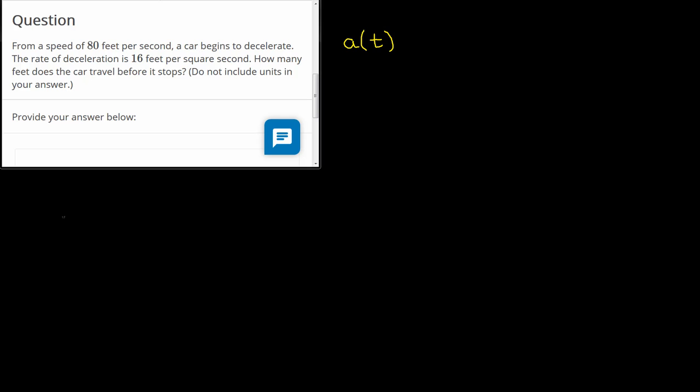And then what's t? Well, t is going to represent time, but I want to be even more specific. t is equal to the number of seconds after the car hits the jello, after the car begins the deceleration.